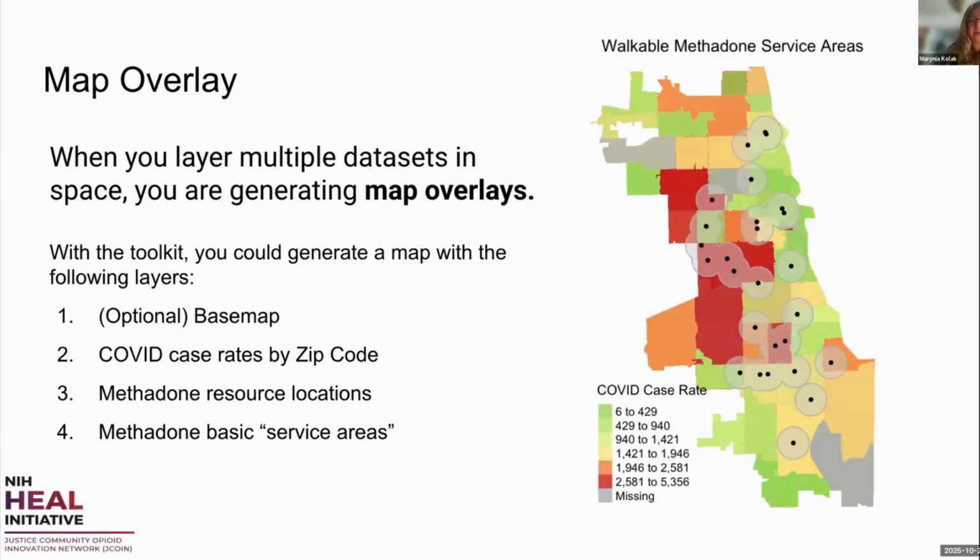And this is kind of the direction where we're going. Once we have all these different data sets together, we can create more meaningful spatial visualizations that will give us new hypothesis generations to consider additional data to bring in, and so on and so forth. We'll have a case rate measure. We'll overlay those walkable methadone service areas.